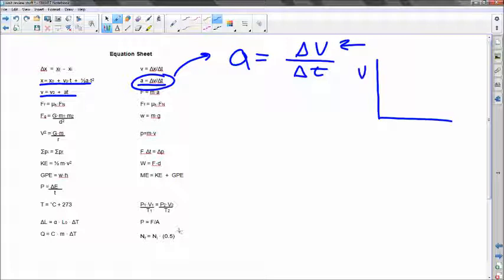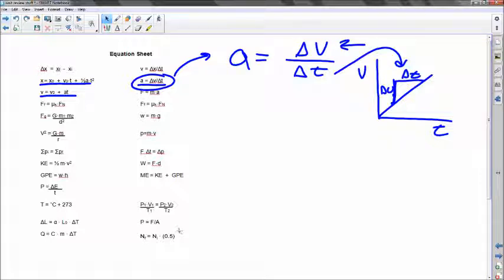We've got a velocity versus time graph here, and we find the slope of a line on there. All we're finding is the change in velocity on the vertical axis and the change in time on the horizontal axis. And then when we find the slope, we're just taking that rise and dividing by the run, which is the acceleration. So you see just from this mathematical definition why the slope on a velocity versus time graph is equal to the acceleration.